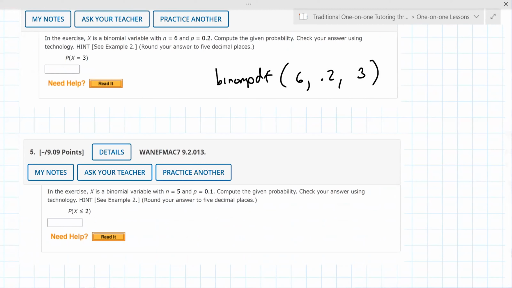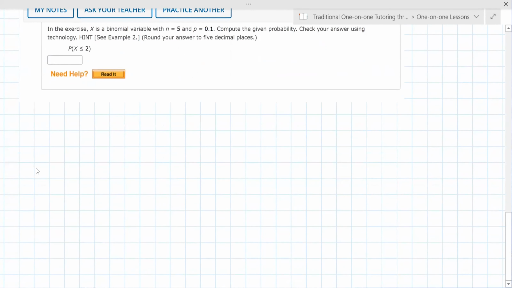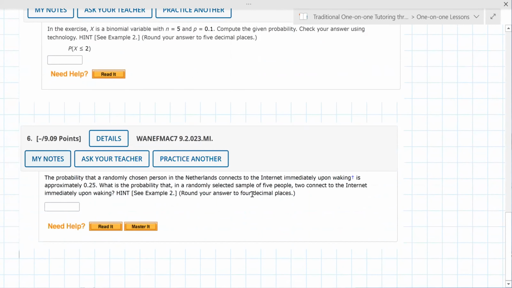So 6, let me snip that in. We can talk about it. This is just a word problem of the same type. So you have to identify N, P, and X. The probability that a randomly chosen person in the Netherlands connects to the internet immediately upon waking is 0.25.